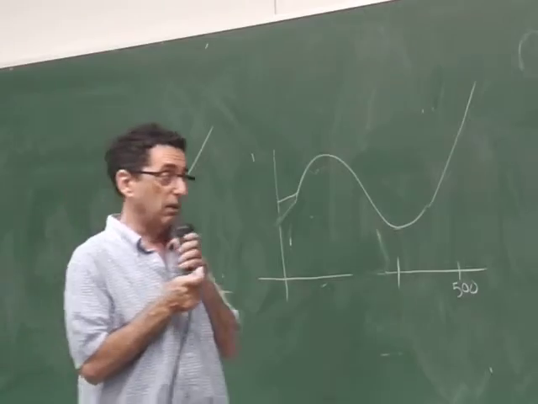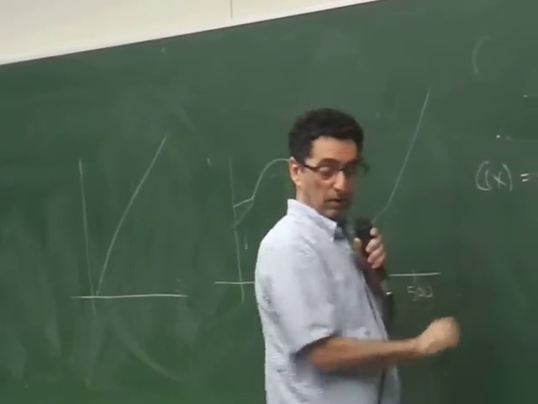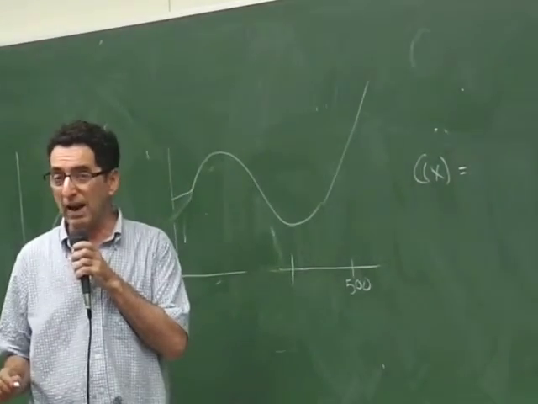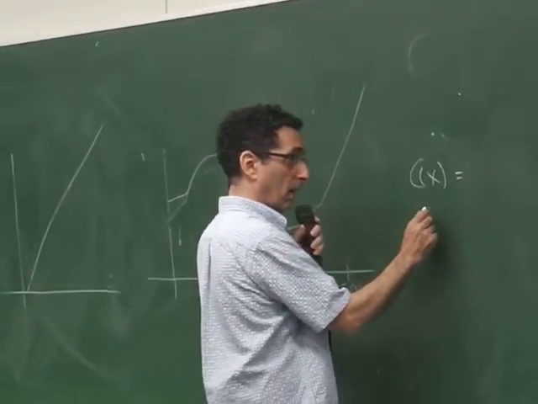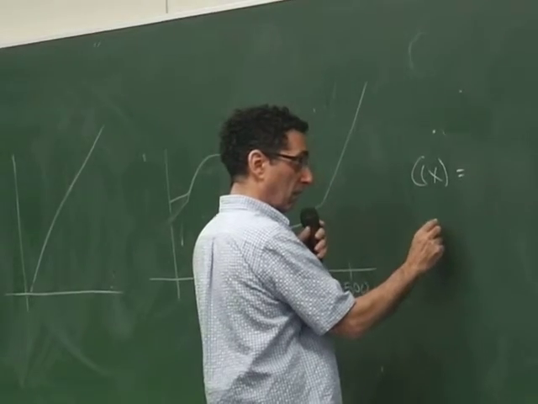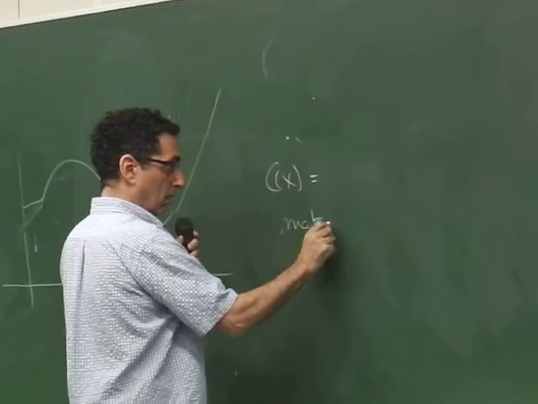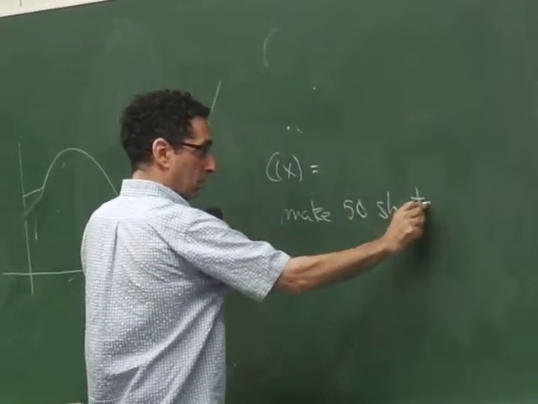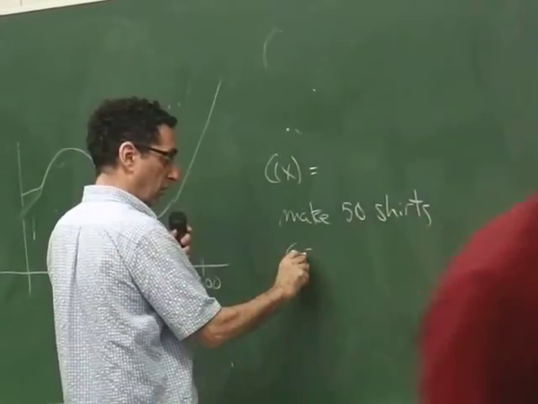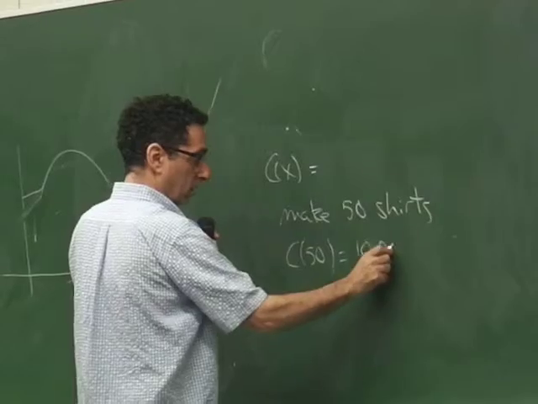Now we are given this function. So what does the average cost mean? Suppose we make 50 shirts, and suppose the cost for 50 shirts is $10,000.